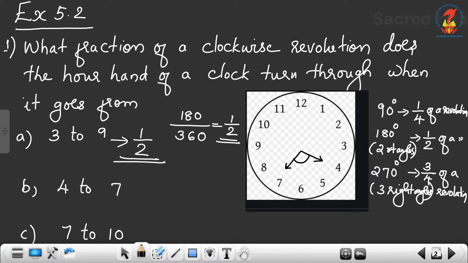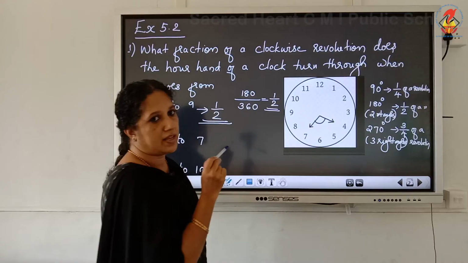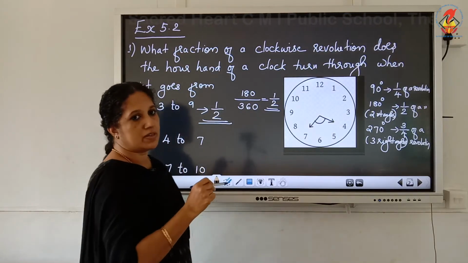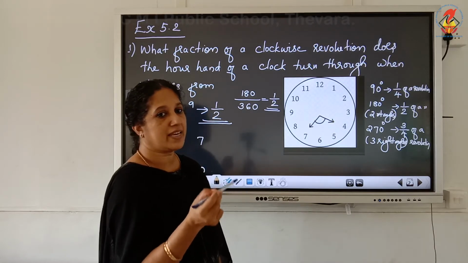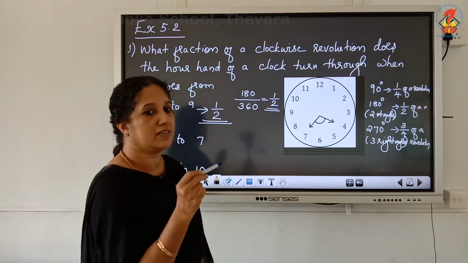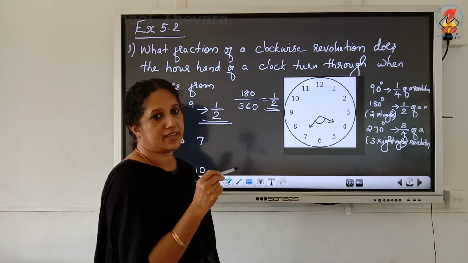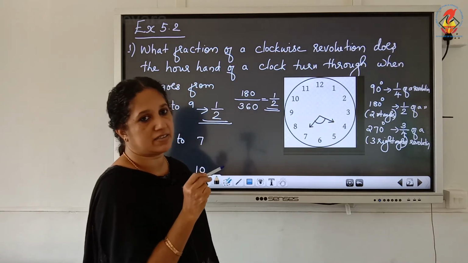Now look at that. How many hours are between 4 and 7? 1, 2, 3 hours. And if the number of hours between is 3, we can say that the angle turned will be 90 degree. That is, it will be a right angle turn.